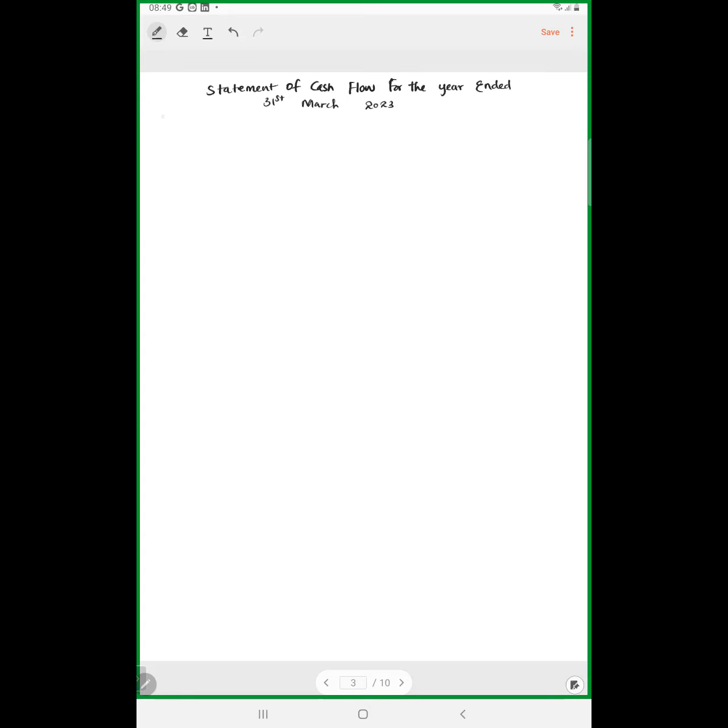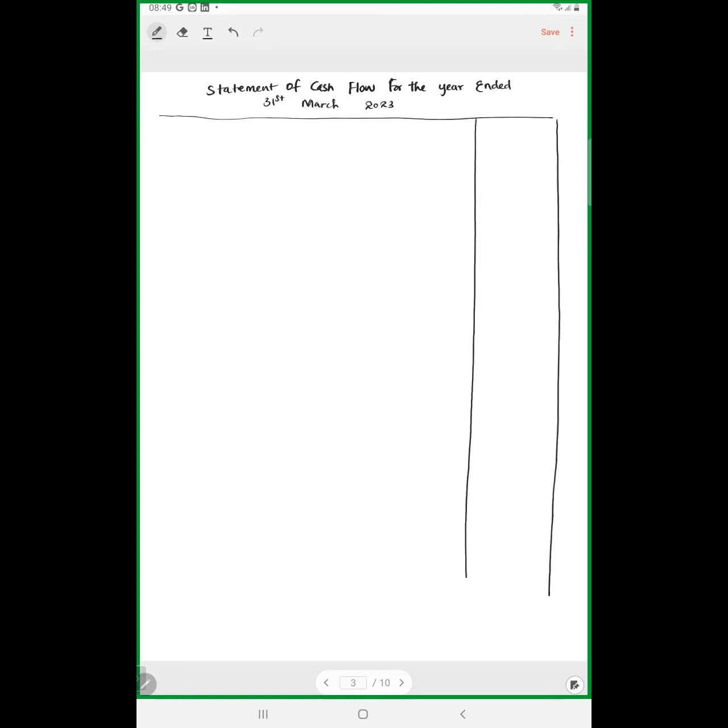So then we can roll to the cash flow statement. Rupees 1000. So please work with me.